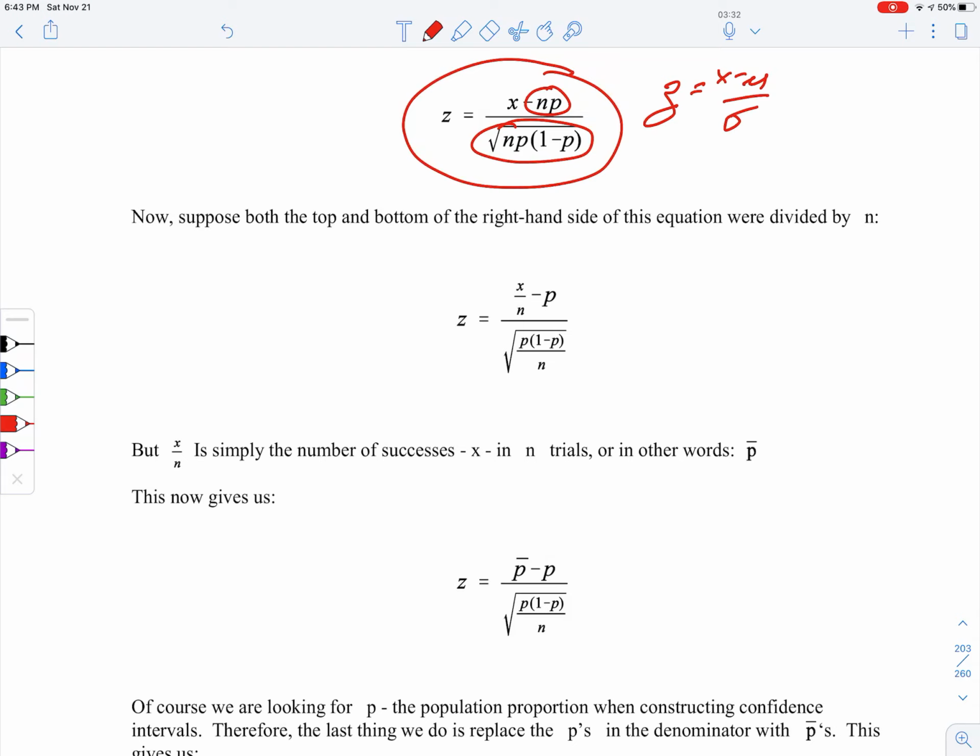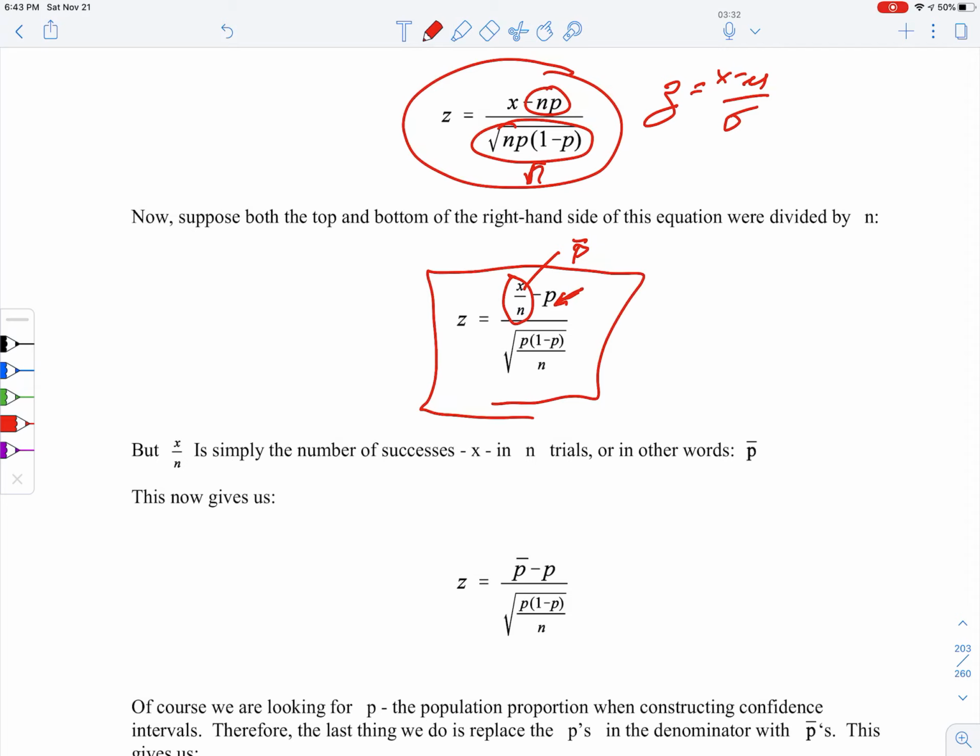So that's what I've done here, is x over n minus np over n gives us this here. And then if we divide this by n, so we've got n here, we would end up with this expression right here. And this guy here is what we're going to call p bar, which is the sample proportion.